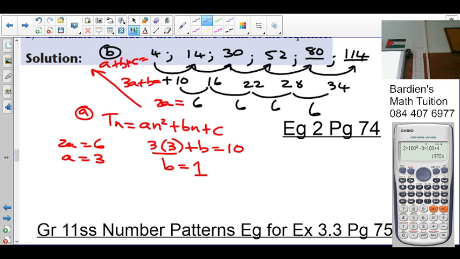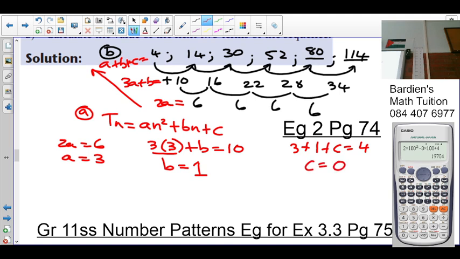The next one: a plus b plus c is equal to 4. So it will be 3 plus 1 plus c is equal to 4. So c is equal to 0.